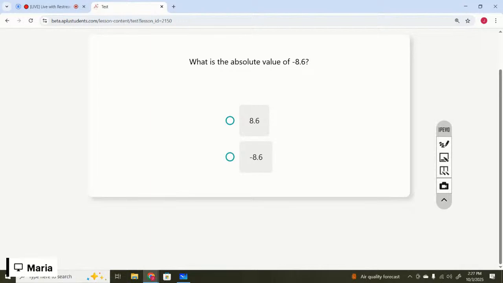What is the absolute value of negative 8.6? That is 8.6.